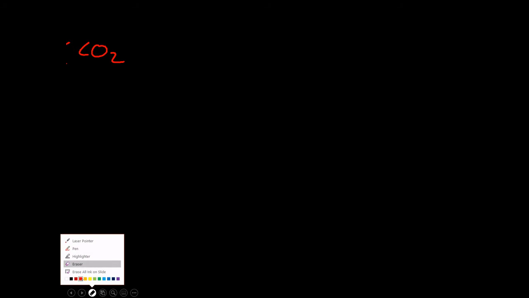So instead, we'll make it more symmetrical, if we have this. Carbon in the middle, and then 2 oxygens bonded to it. That is as symmetrical as we can make it. And that is the correct skeletal structure for this molecule. So now we're going to add up the valence electrons.